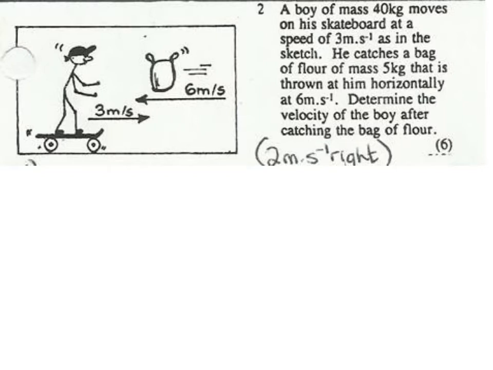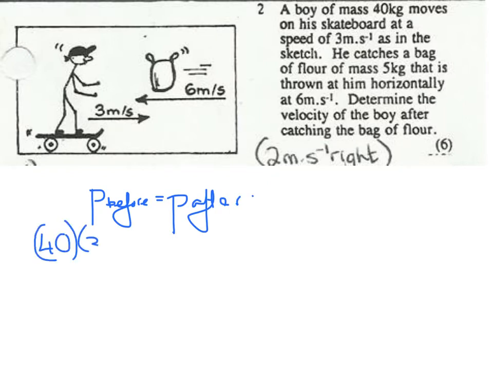So we are going to say momentum before is equal to momentum after. And I take the two things before, and I have got 40 times 3 plus 5 times negative 6.